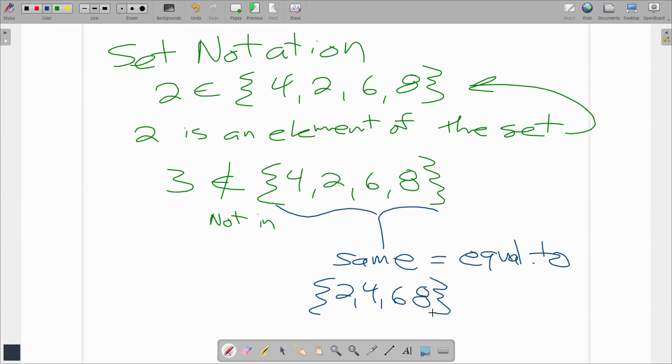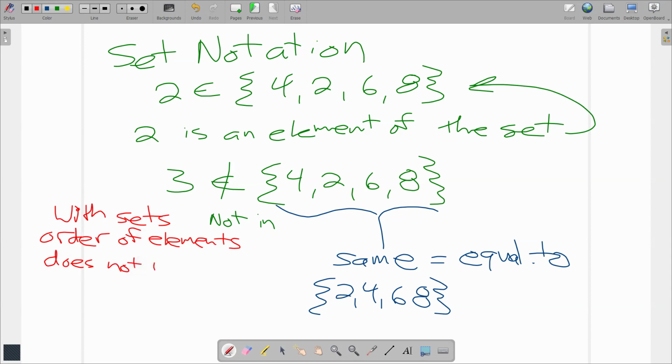Or we could call the set 8, 6, 4, 2. Order doesn't matter when we list a set. What you don't do in a set is repeat elements. So just note that with sets, order of elements doesn't matter. Just don't repeat elements.